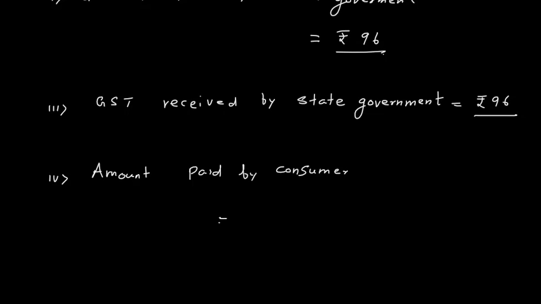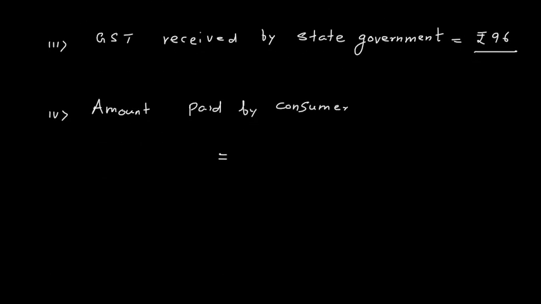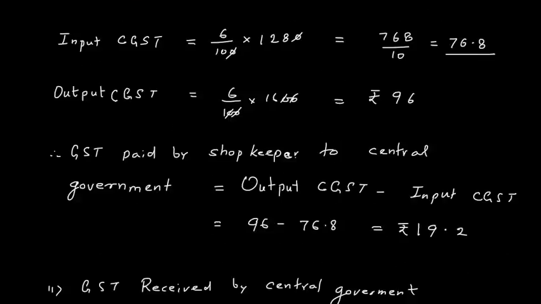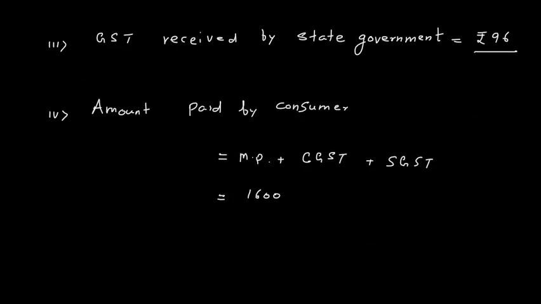So the consumer will pay not only CGST but SGST also. So the amount paid by the consumer is marked price plus CGST plus SGST. Marked price is rupees 1600 plus CGST and SGST, 96 and 96.